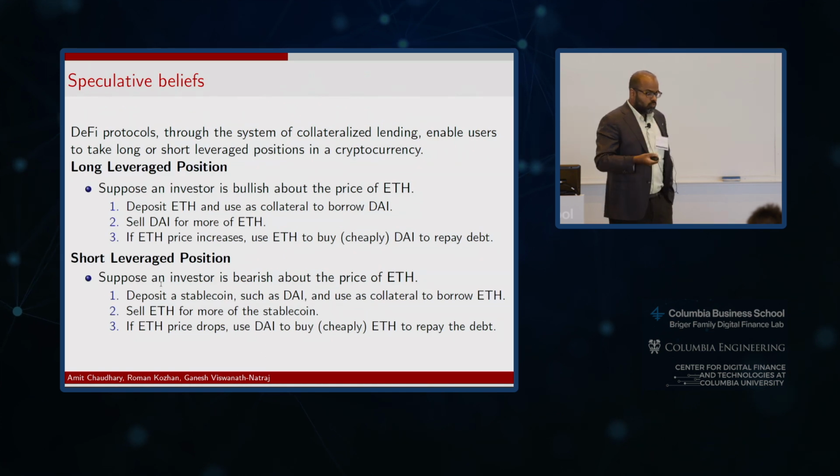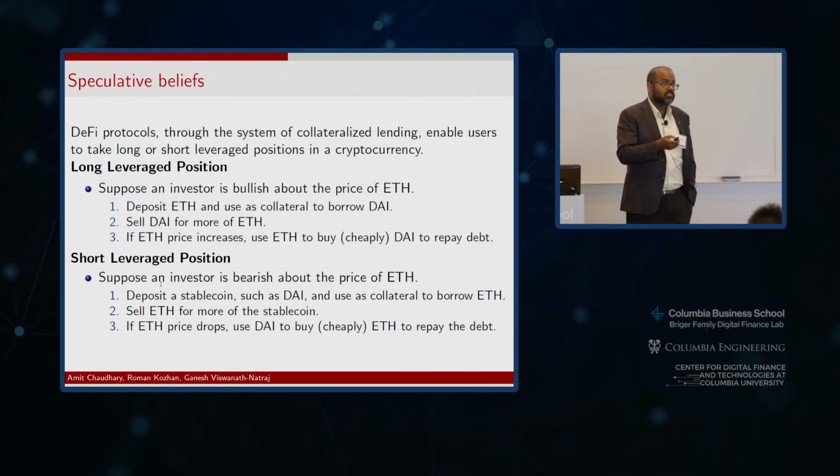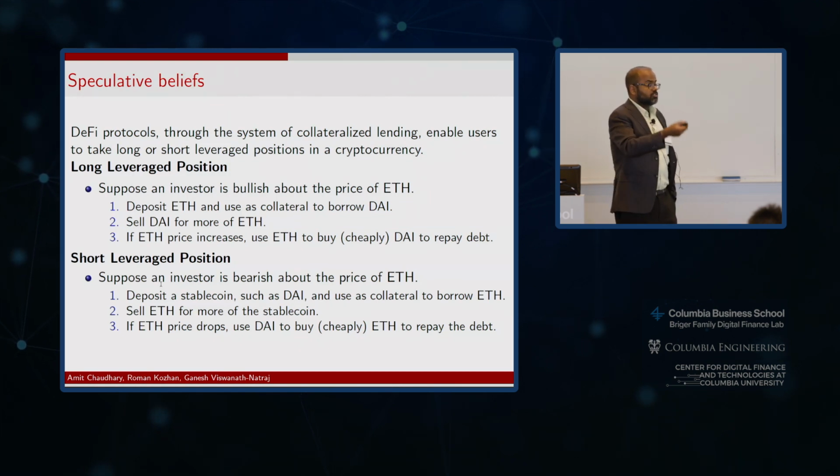Why should there be integration? We argue that you can use a lending protocol to make long or short leverage positions. A long leverage position is an investor that deposits ETH as collateral and borrows DAI, and they can leverage their position on ETH by selling DAI for more ETH in the secondary market.